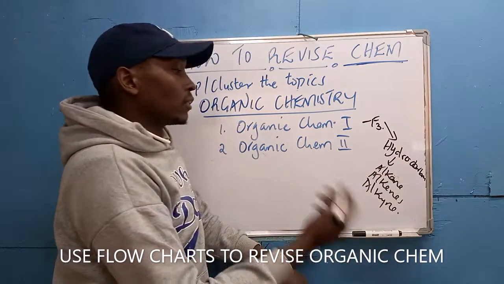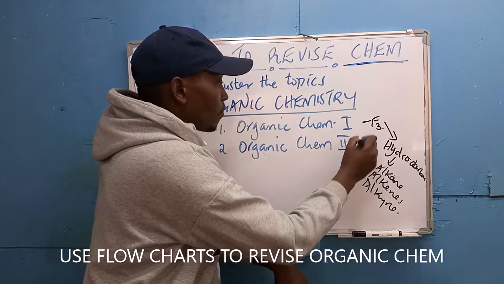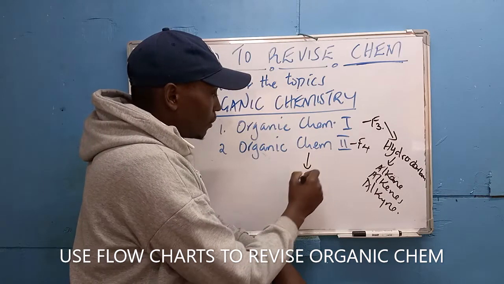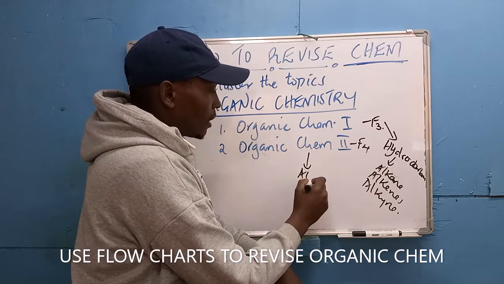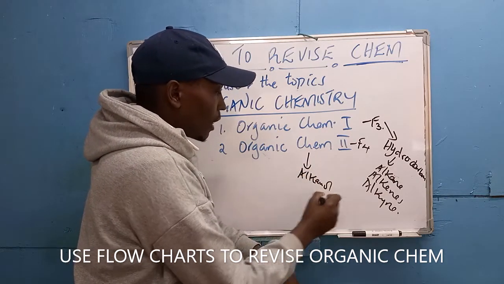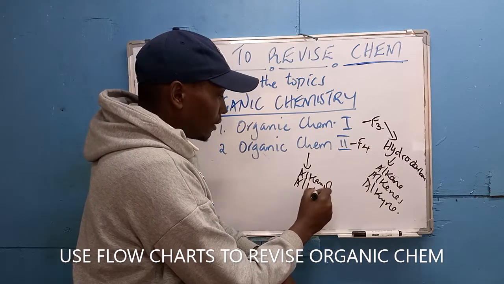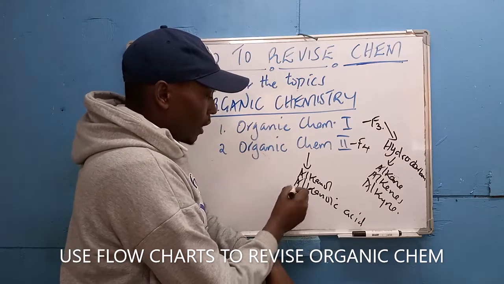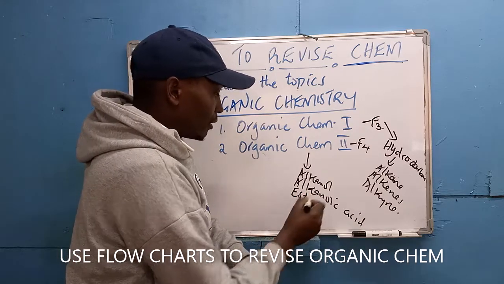The student can proceed to cover the Form 4 organic chemistry, that is organic chemistry 2, and here the student covers the alkanols, the alkanoic acids. The student can go ahead to cover the compounds we call esters.